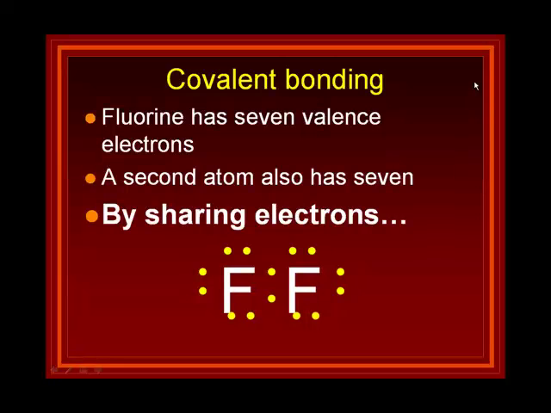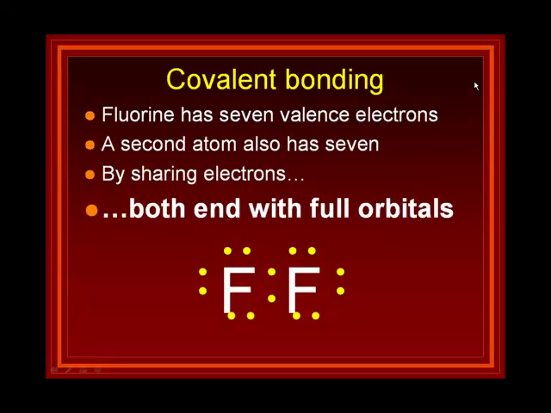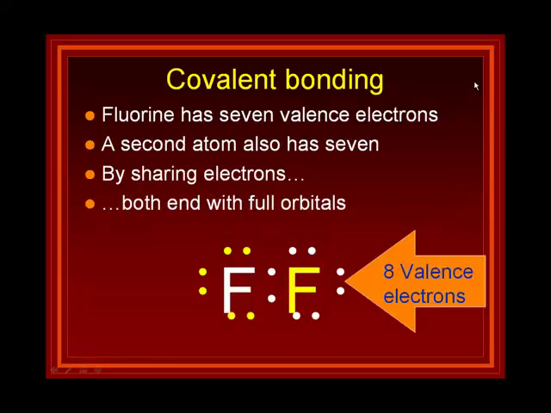Now, fluorine and fluorine are side by side, and they both have full orbitals. This fluorine on the right has 8 valence electrons. Here's 2, 4, 6, and then 8.